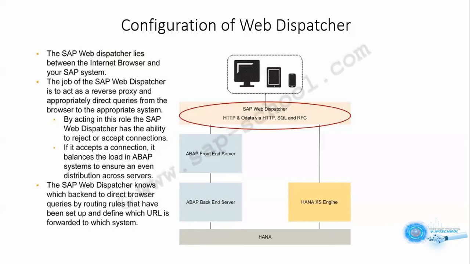To ensure the queries from the browser are correctly directed to the systems, we need a reverse proxy server. SAP recommends that we use the SAP Web Dispatcher as a reverse proxy server going forward, and the SAP help for SAP Fiori supports this method.